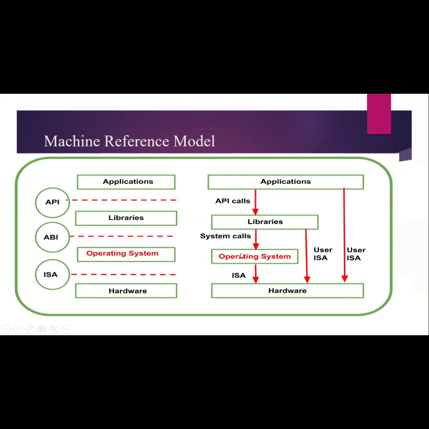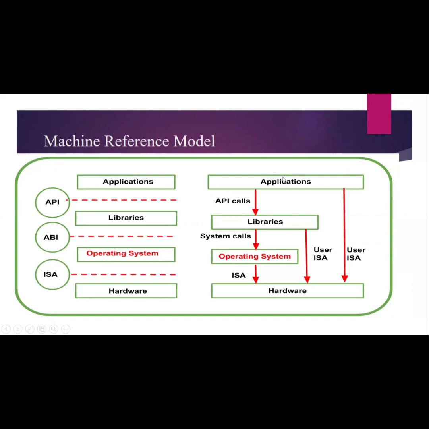And as you can see in this picture, ISA has two kinds of users: the privileged user mode and the kernel mode. Operating system calls will be directed to the hardware through the ISA, that is the user ISA. And from the library, the system calls are directed towards the operating system.